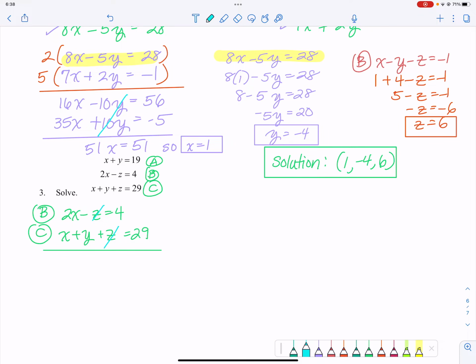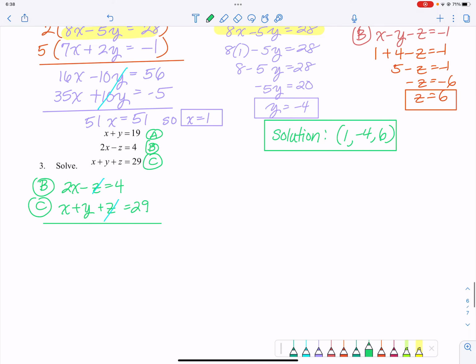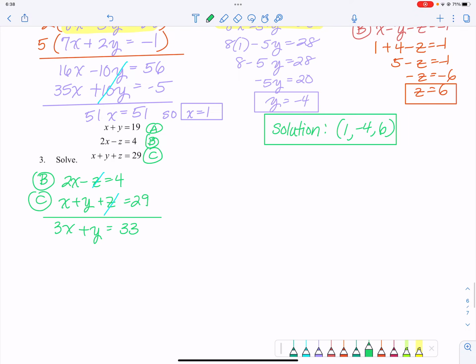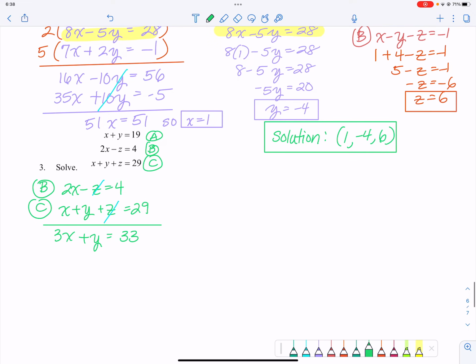And so now we have 3x plus y equals 33. So now that was equation B and C.